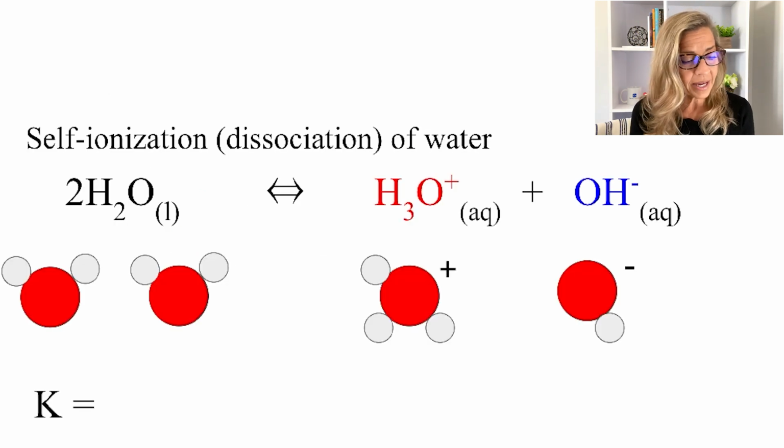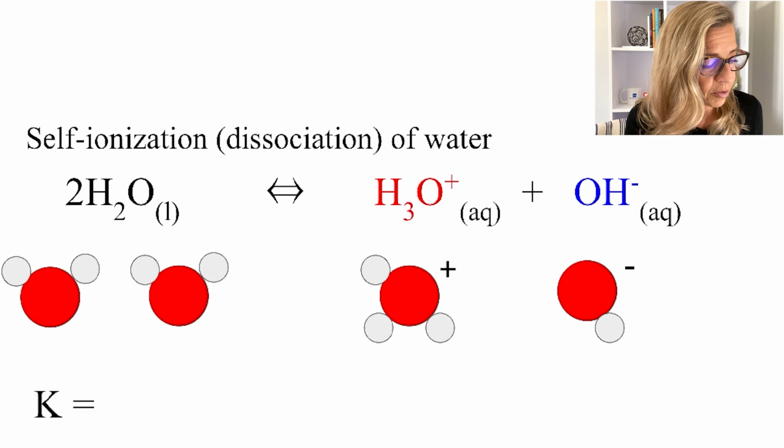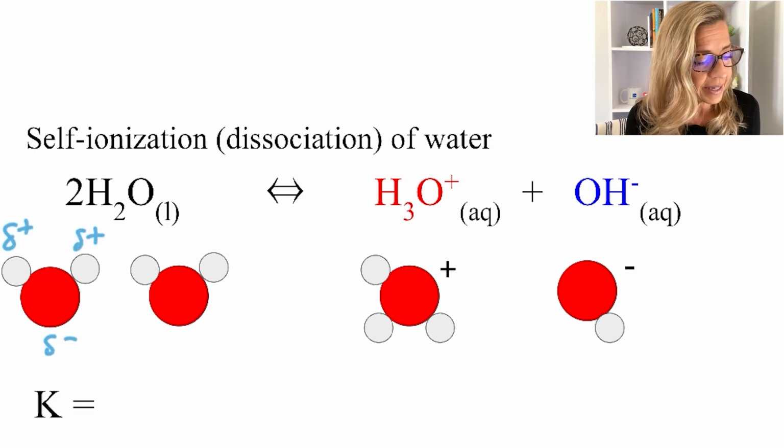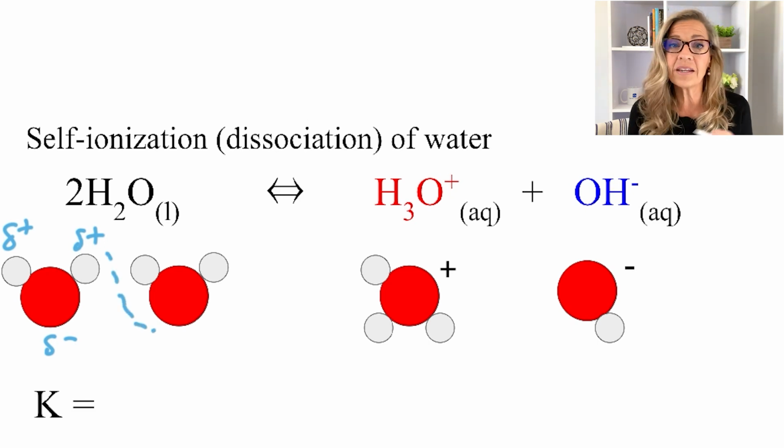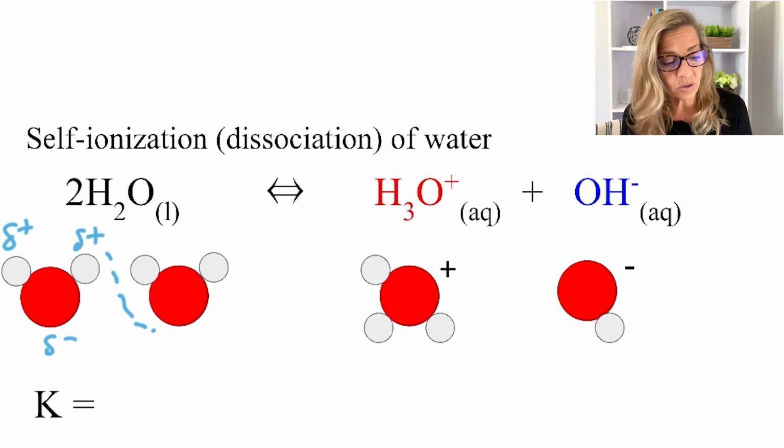So let's take a look at water. What happens to water is what we call self-ionization. A water molecule will sometimes bump into another water molecule. Remember, this is the slightly negative end and this is the slightly positive end. This one would attract the negative end of another water molecule, and one of those H pluses would come off.